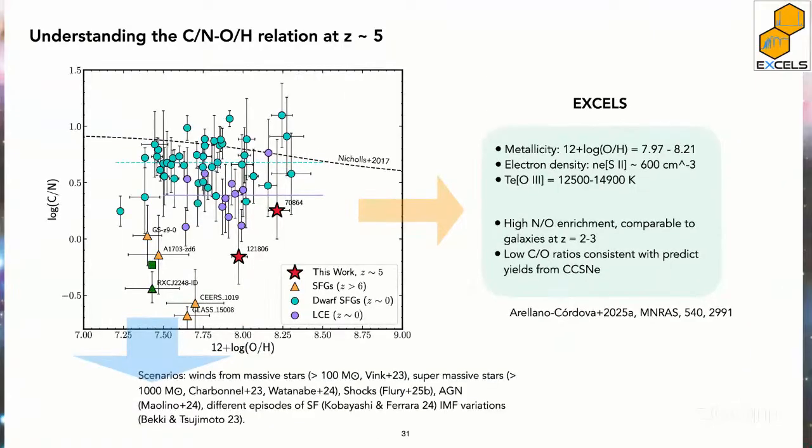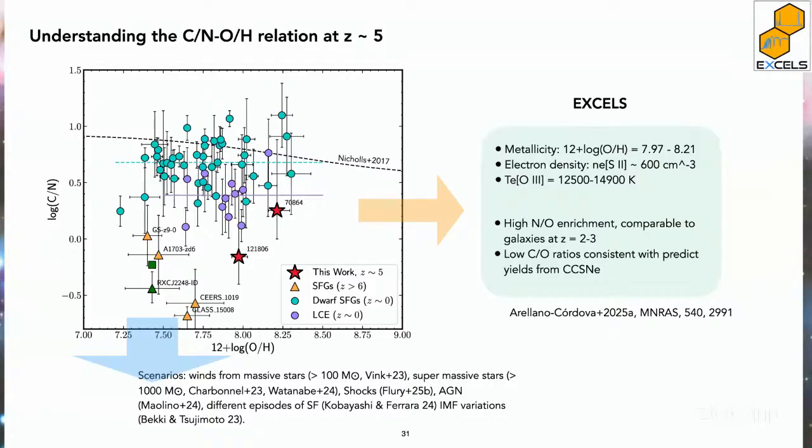Another thing that we notice in this study is that these two galaxies again have higher metallicity than these other galaxies, which are completely different in their overall nitrogen. But we notice this enrichment even there. So what we conclude from this plot is that there is a nitrogen enrichment in these galaxies.